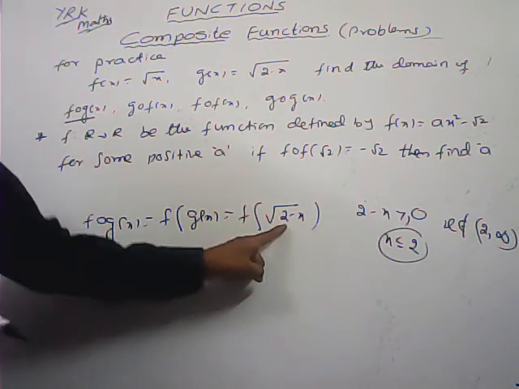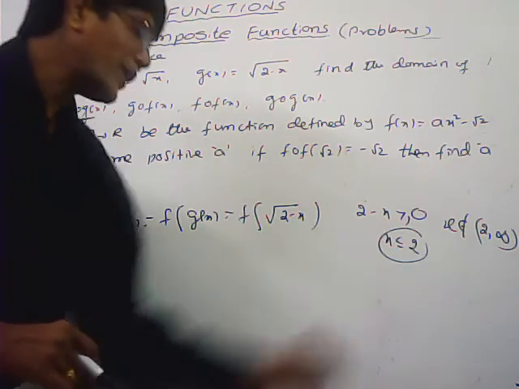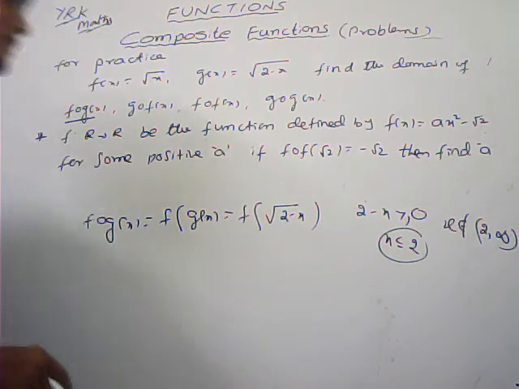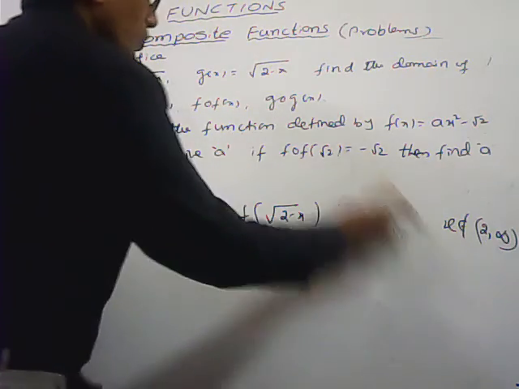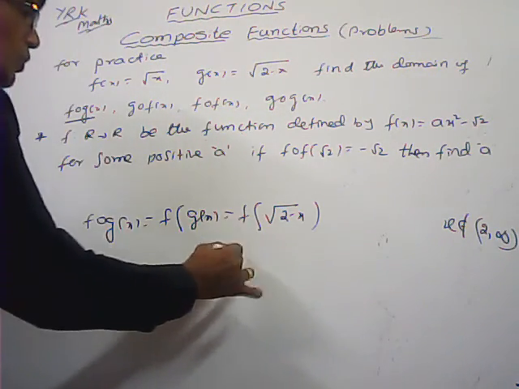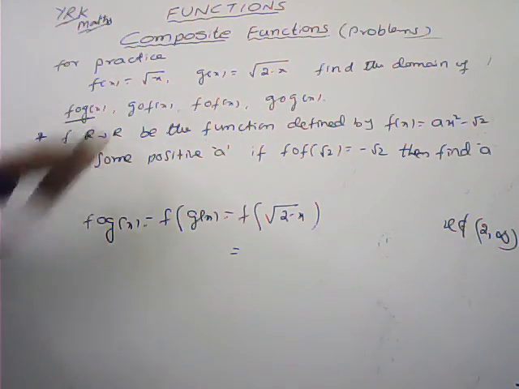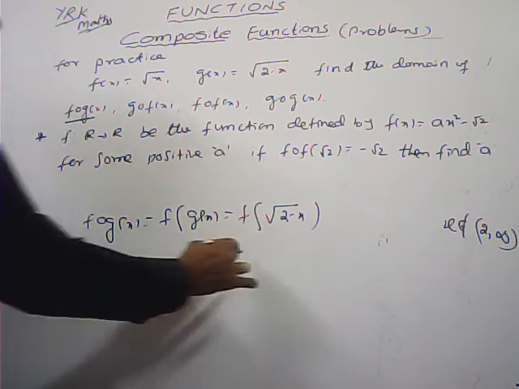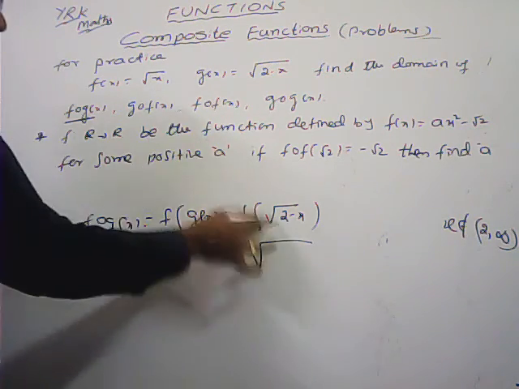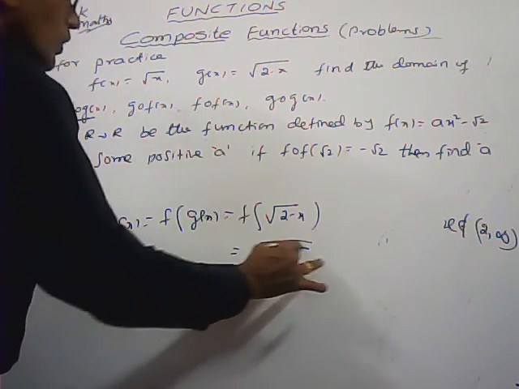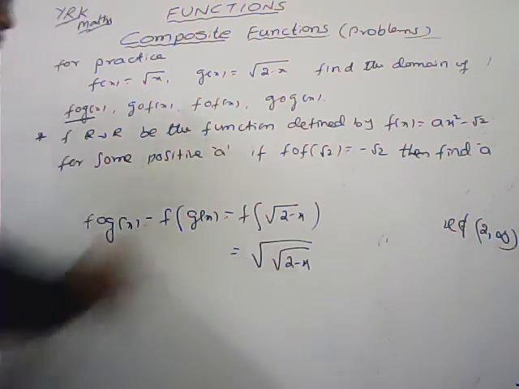The function exists only for minus infinity to 2, for 2 to infinity the function doesn't exist. So here I have written that one. That is equal to, what is f of x here? Root x is given. In the place of x you can replace this one, square root of 2 minus x is given.